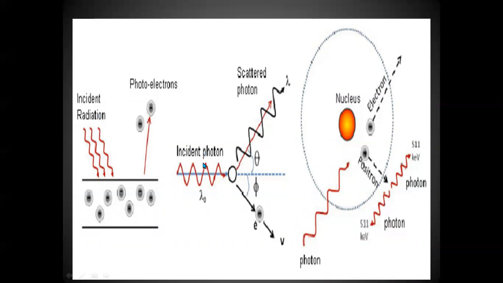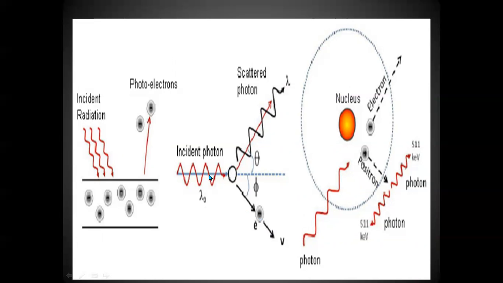So the incident photon will have a certain amount of energy, and this is the sum of the energies of these two things: one, the photon which is scattered, and the other, the energy of the electron which is ejected.